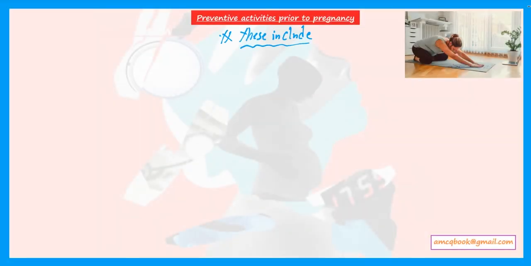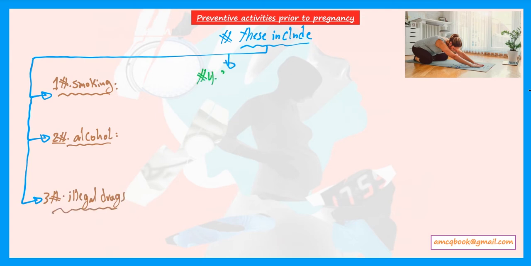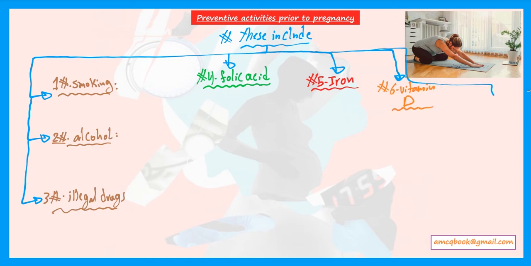Now, let's talk about some of the prevention tools used in pregnancy. These include smoking, alcohol, illegal drugs, folic acid, iron, vitamin D, and vaccines. Okay, let's start with smoking. Smoking is totally contraindicated in pregnancy.